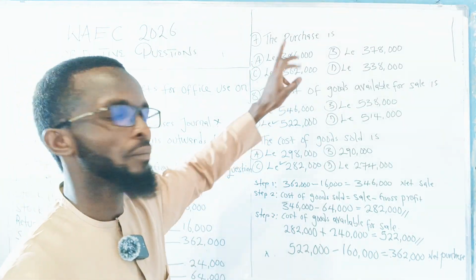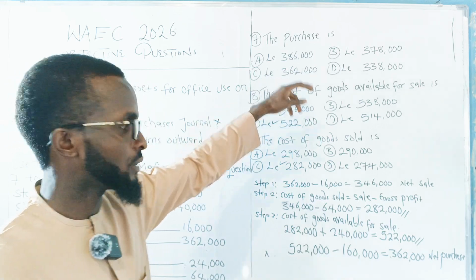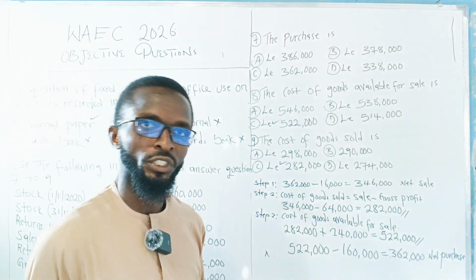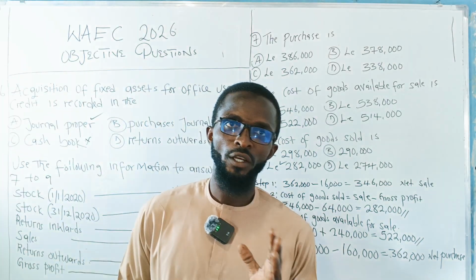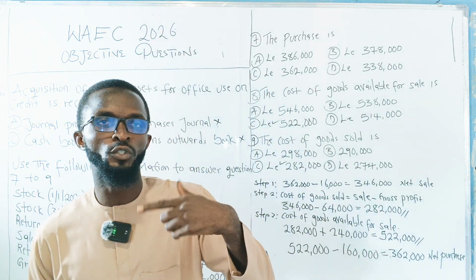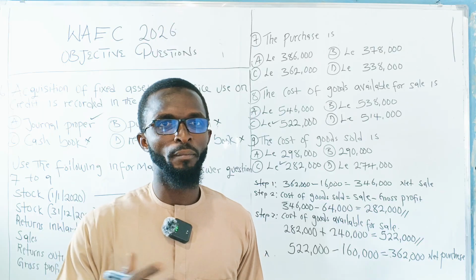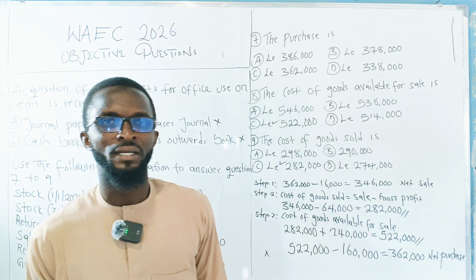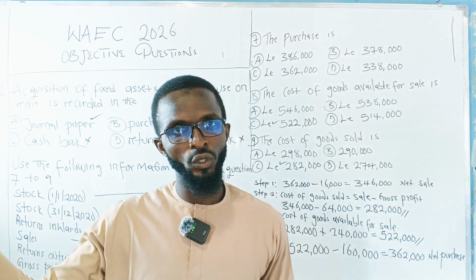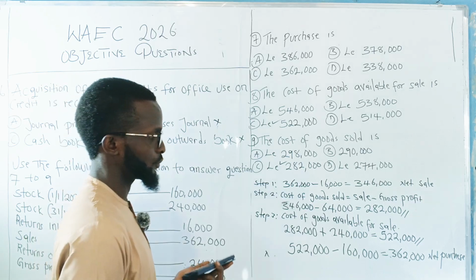But the question says purchase, so we are yet to determine our answer. What differentiates purchase and net purchase? When you deduct return outwards, that is the goods you purchase and later found defaults in and returned to the supplier, the amount you get after deducting those returns is what we call net purchase.